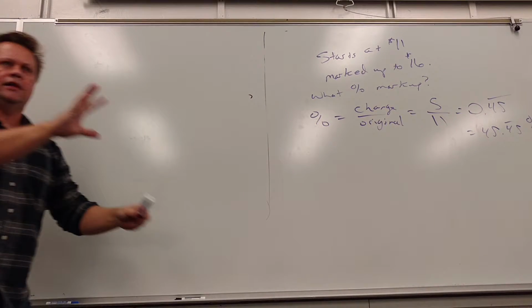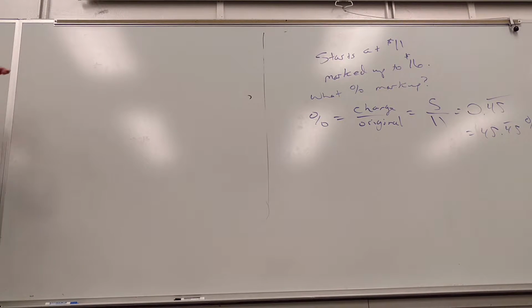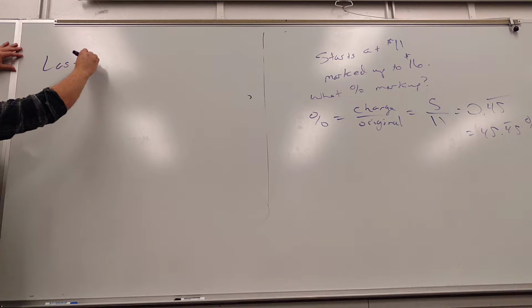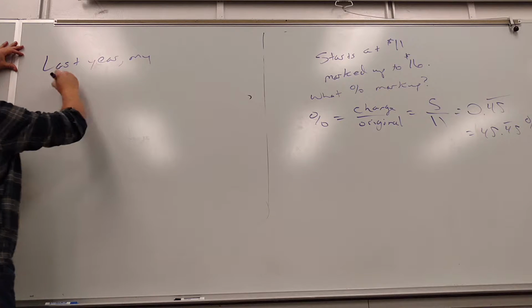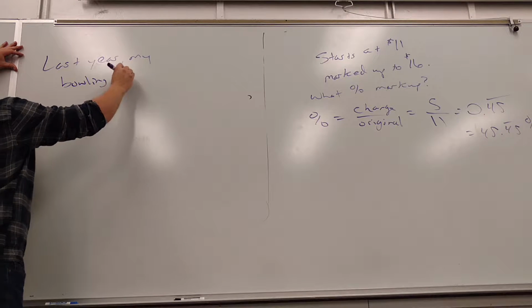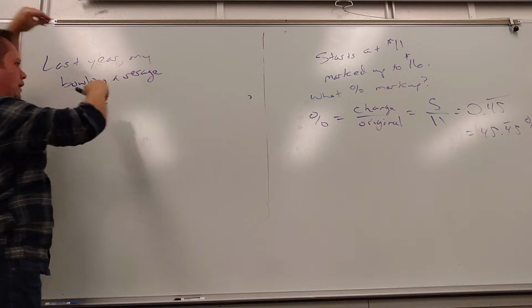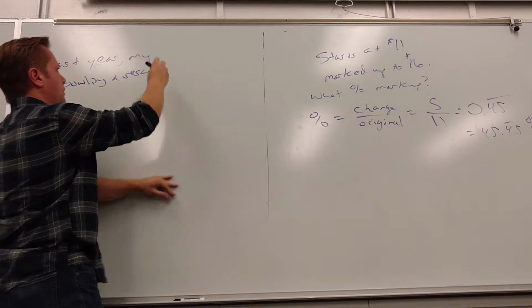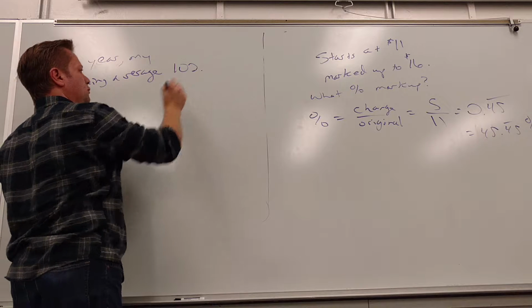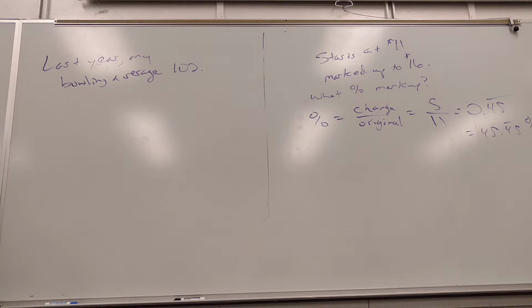So I'm going to give you something that's not about money. Let's say last year my bowling average, well, I suck at bowling, so my bowling average was 102. That's being nice, actually. I get a little better after I've had a few drinks.